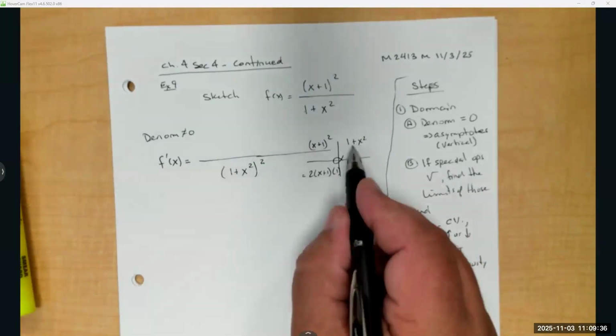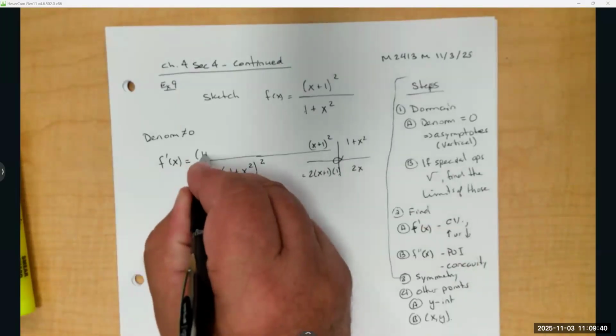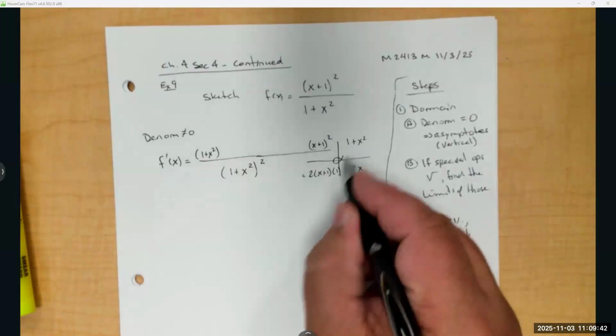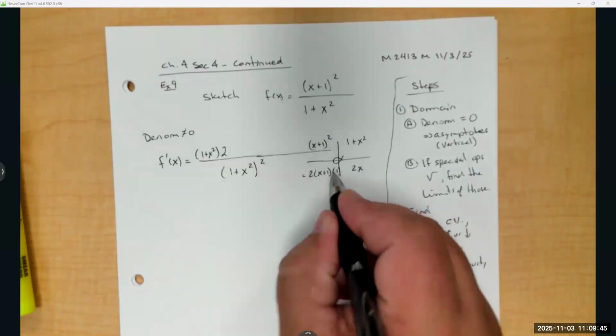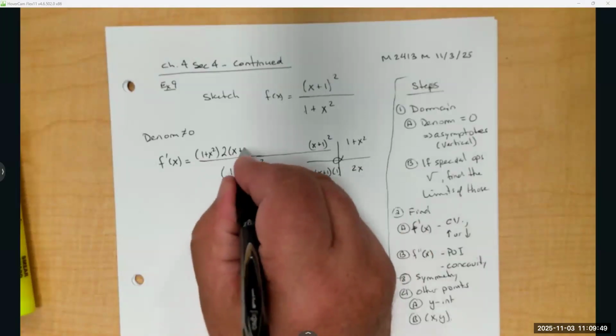So doing the fishy thingy, we have 1 plus x squared times 2 times x plus 1.